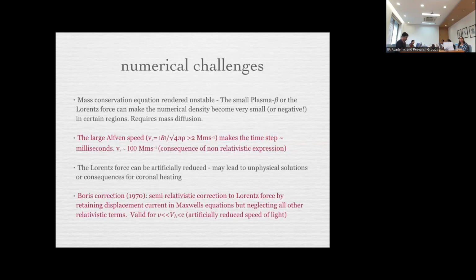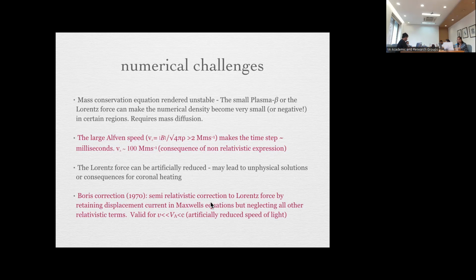Okay, so now there are several numerical challenges. For example, for people like me who do stellar interiors, we need to tackle these large Alfvén speed constraints. So recently we also coded a particular correction in the magnetic module known as the Boris correction.